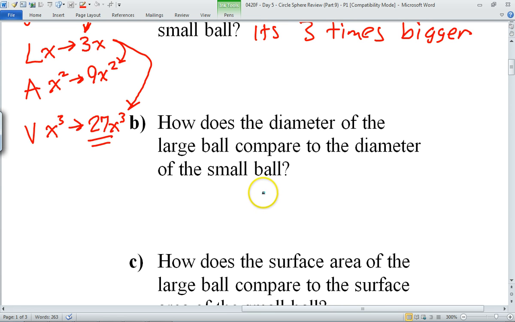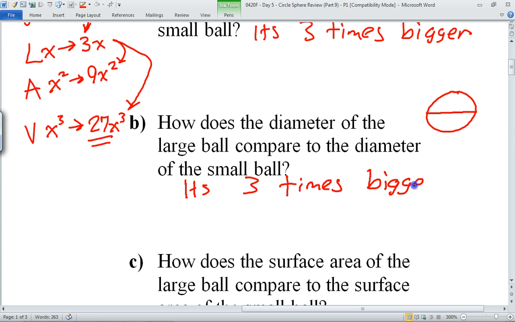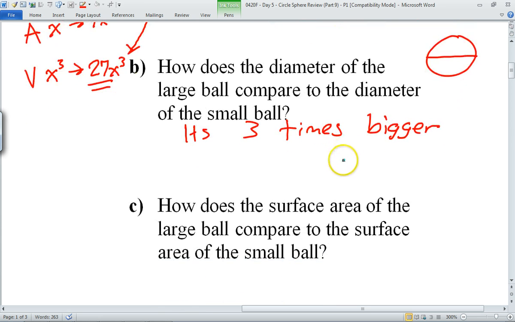Burton, what do you think? It's still 3 times bigger. Because diameter, remember, the distance right across the middle, that's still a length. Still a length. So it's still 3 times bigger. Okay, radius and diameter are both length.